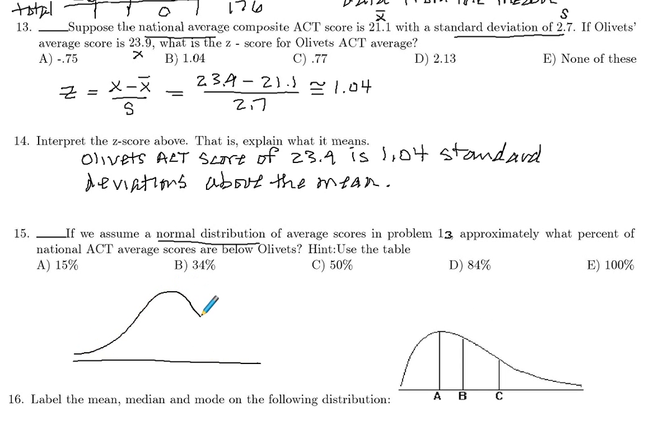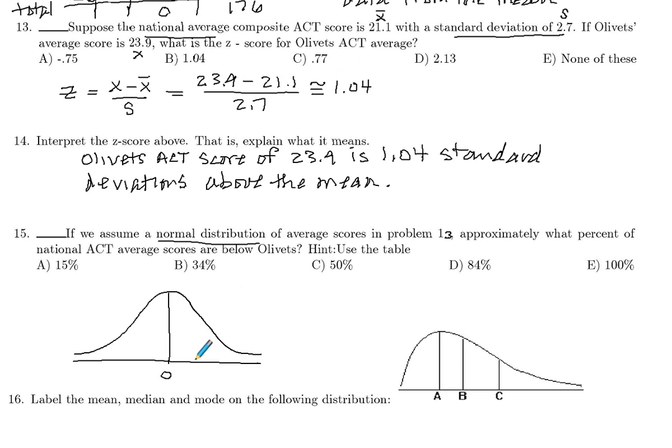Okay, so sketch our bell-shaped curve here. And basically what we're doing is we're finding the percentile. So down here in the middle is a z-score of 0. That corresponds to the 21.1, the national average. Okay, and then Olivet's z-score is 1.04.